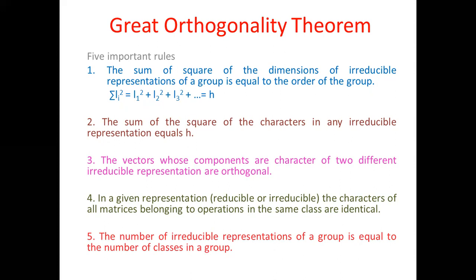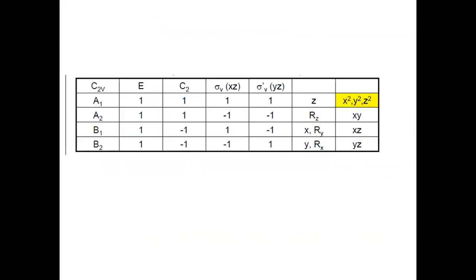So how will we verify this rule? I am again taking the example of C2v. If I want to know whether the A1 and A2 representations are orthogonal to each other or not, I will multiply these two representations and take the sum.